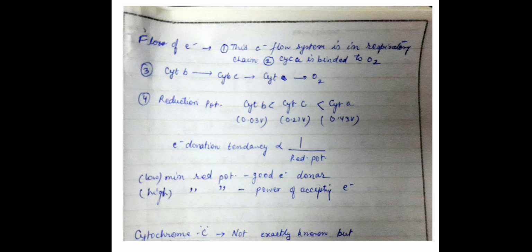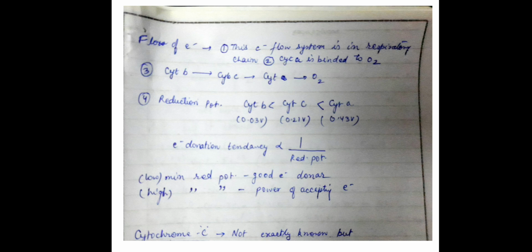Now fourth is the reduction potential. What are the reduction potentials of cytochrome B, C and A? Cytochrome B has the minimum reduction potential, cytochrome C is average, and cytochrome A has the maximum reduction potential. What is the relation of reduction potential to electron donating tendency?